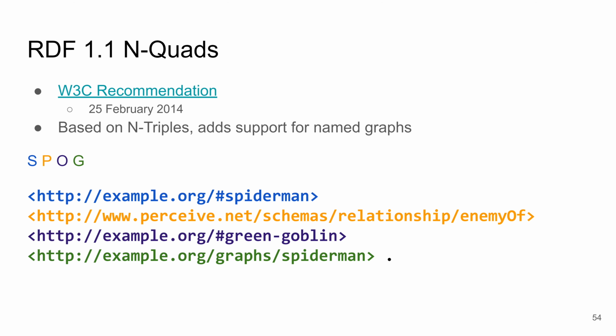So the first serialization supporting quads will be named N-Quads and will be quite a natural extension of N-Triples. Just instead of three parts of a triple, subject, predicate, and object, we'll add a 4th part to the quad, and we'll have subject, predicate, object, and the IRI of the named graph. So quite a natural extension of the N-Triples serialization into N-Quads.